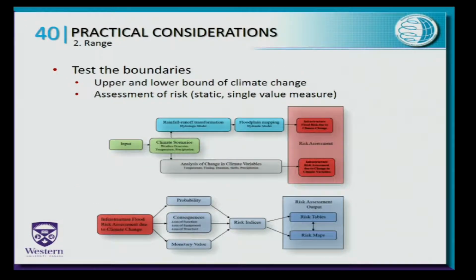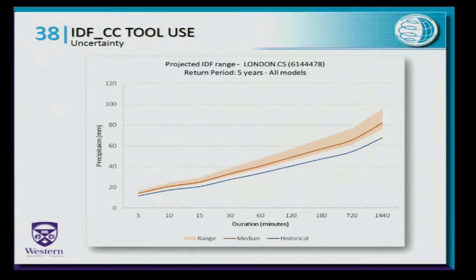Another way is what I was illustrating with that study we did for the City of London. I didn't go into details of the climate input for that study, but we also considered a large number of climate models, and then we decided to perform the whole analysis for the bounds of this region.